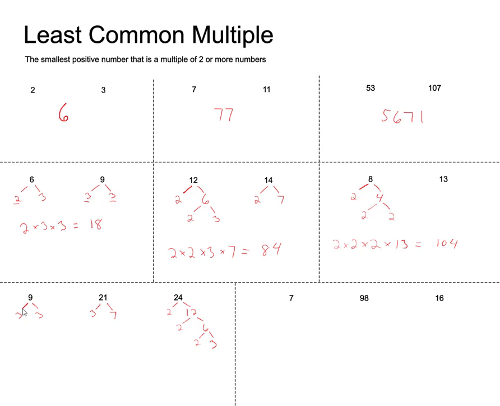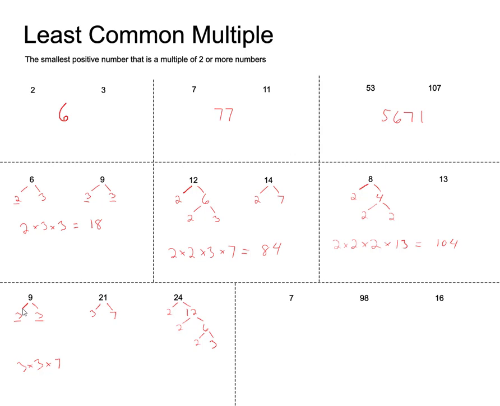So now let's take a look and see all of the factors and drop down the maximum number of times that they appear. So 3 appears twice in the prime factorization of 9, and once each in 21 and 24. So the maximum number of times is 2 times, so we're going to bring down a 3 times a 3. 7 only appears in the prime factorization of 21, and it appears once. So we'll bring down a 7.